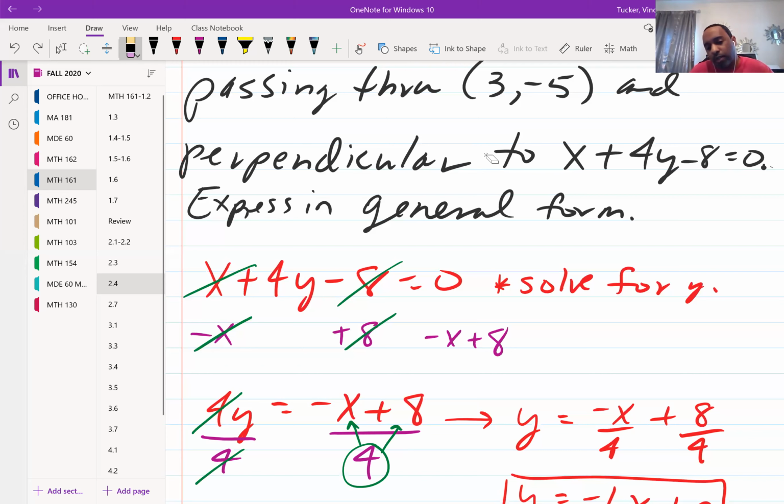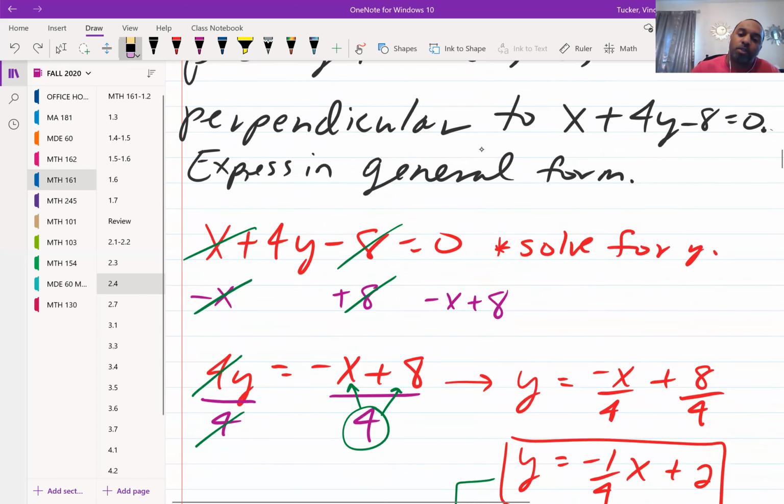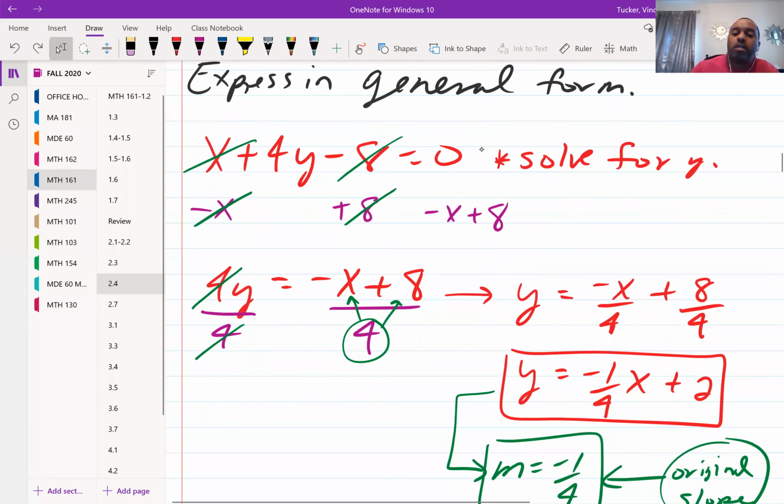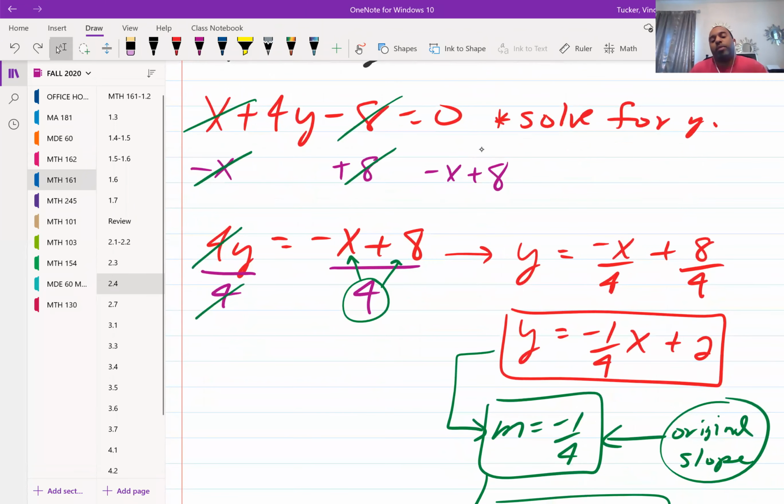And don't forget that 4 has to go into each term on the right side. So simplifying that gives me -1/4 x plus 2.